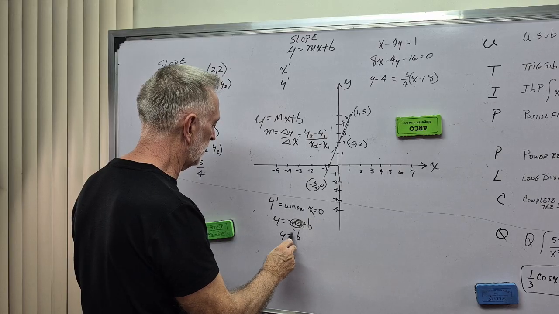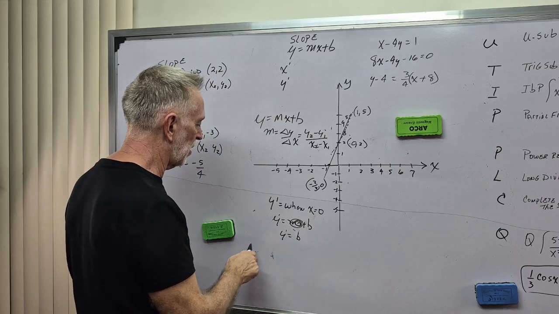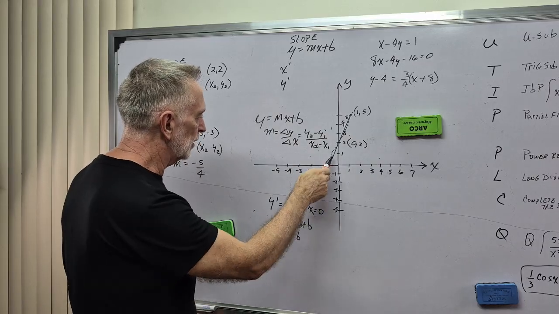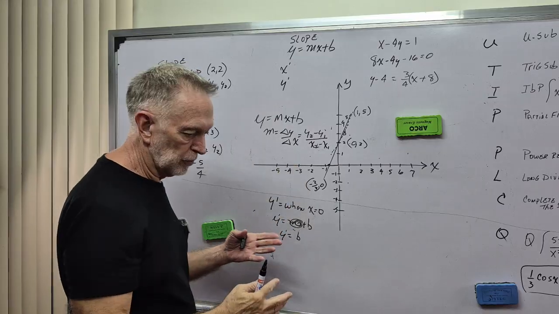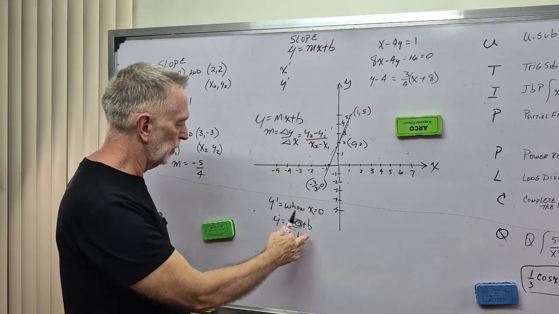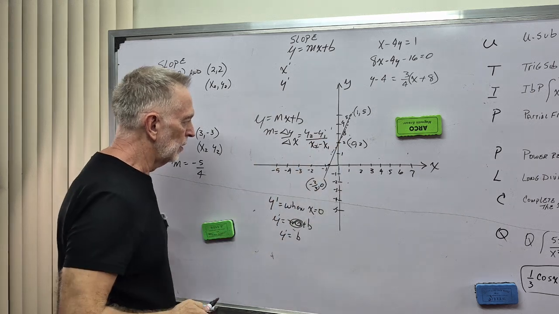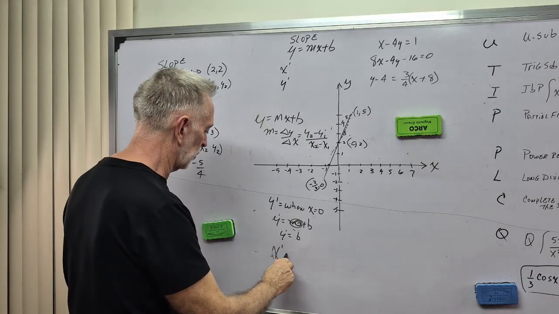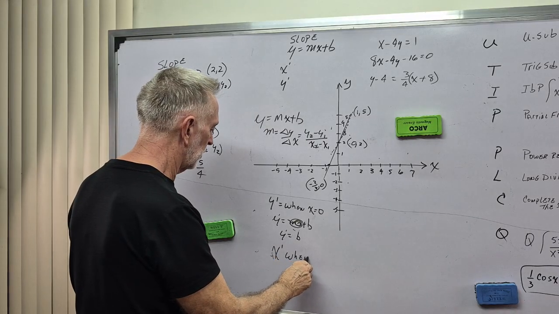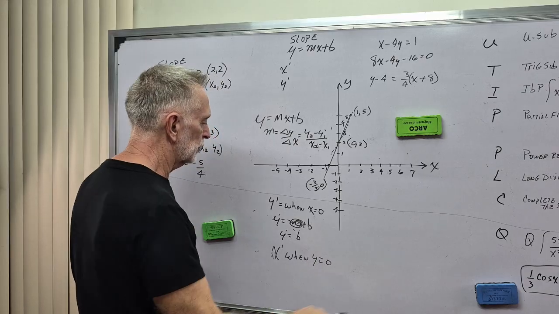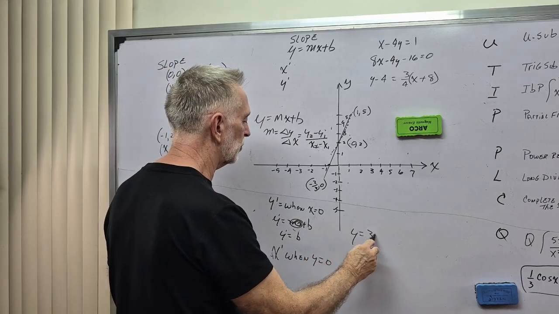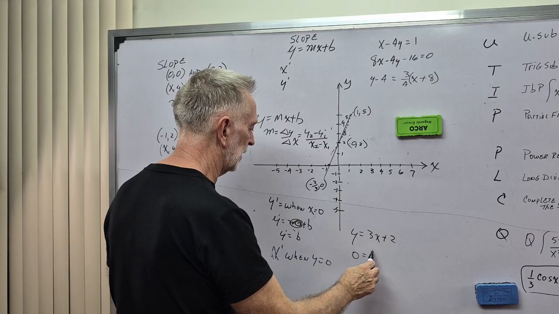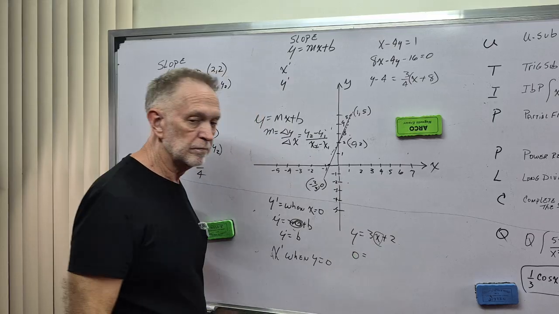So y equals b. So we call it y prime. In that equation, I know that's my y-intercept. So that, what was it, 3x plus 2 we had earlier? I know that's my y-intercept. X-intercept occurs when y equals 0. So in my equation where I had y equals 3x plus 2, I set y equals 0, and then I solve for x. Okay?